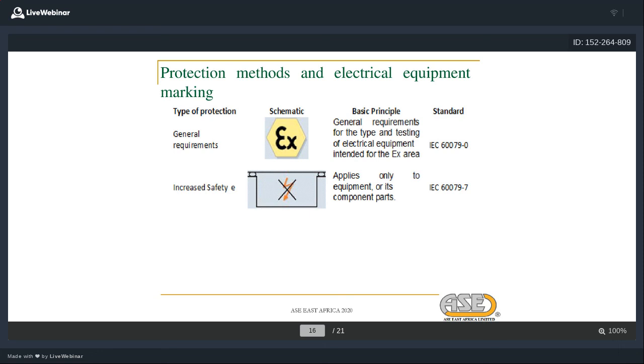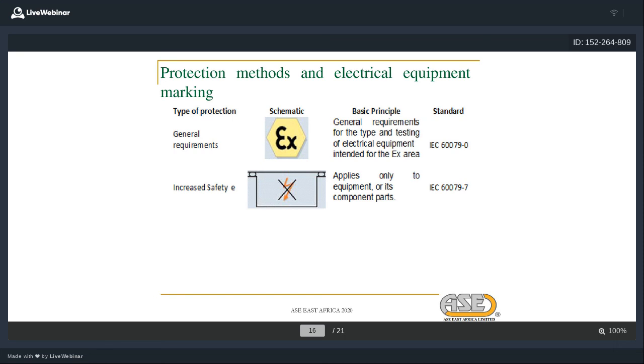There is a National Electrical Code standard that can be used in the United States, Mexico, and Canada. And IEC is a harmonized standard, so it's a worldwide standard.